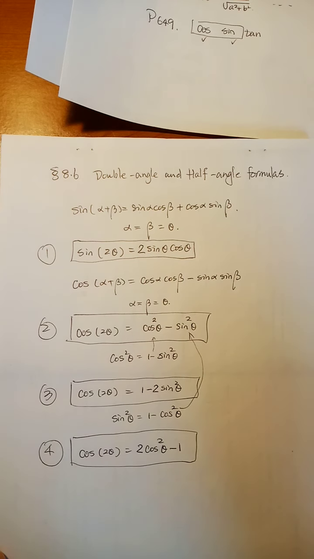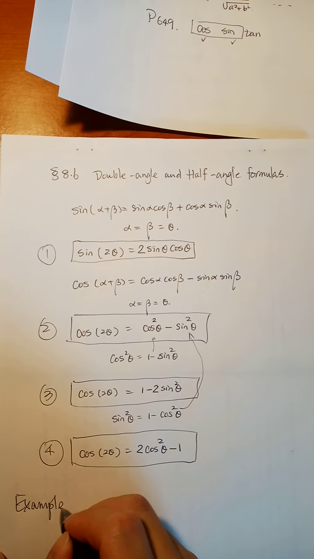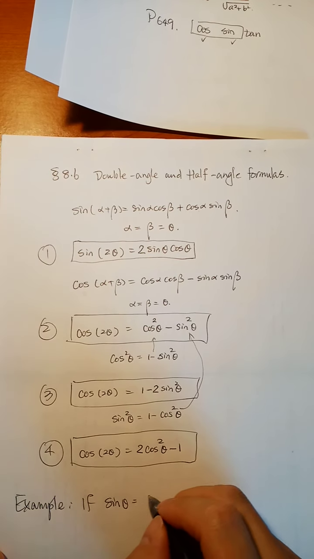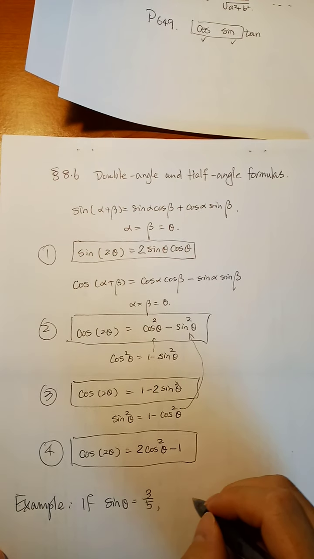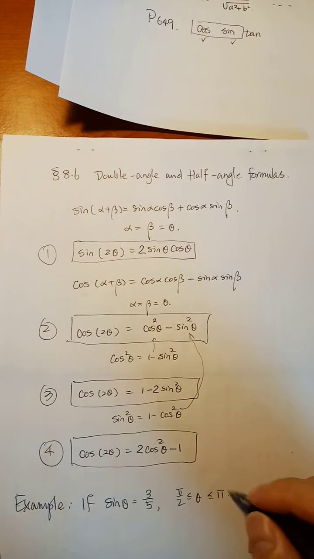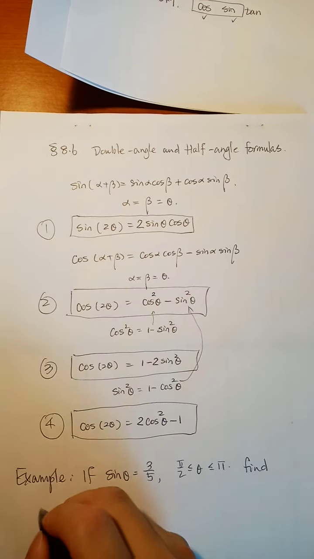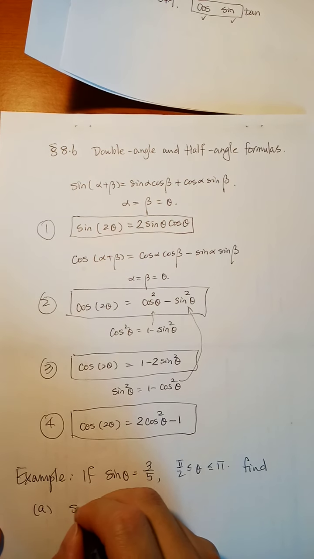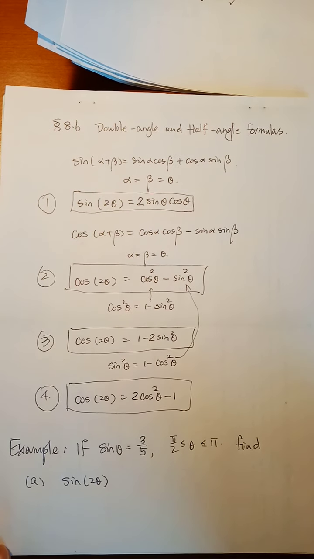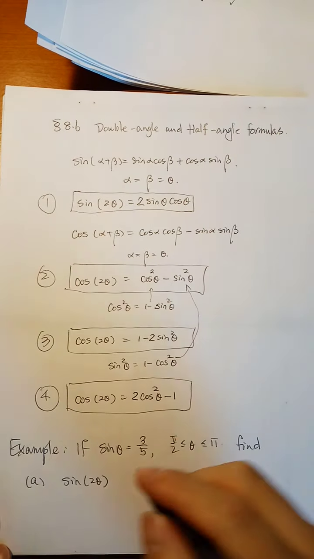For example, let's try to compute. If sine theta is 3 over 5, and theta is between pi over 2 and pi, the second quadrant, find A, sine 2 theta. Sine 2 theta double angle formula is 2 sine theta cosine theta.